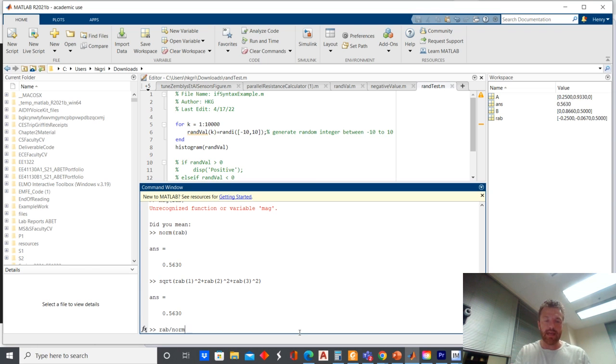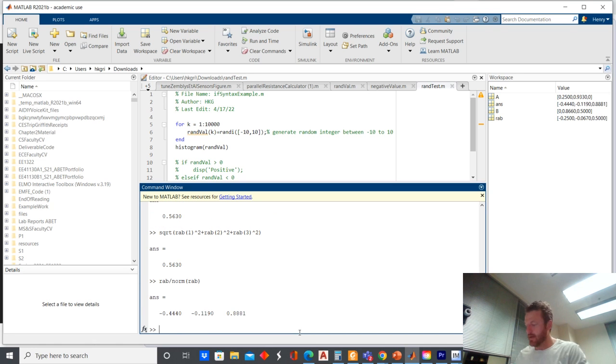But if I wanted to compute the unit vector, I can divide the position vector RAB by its norm, and I will get this solution here: minus 0.444, minus 0.119, and 0.8881.